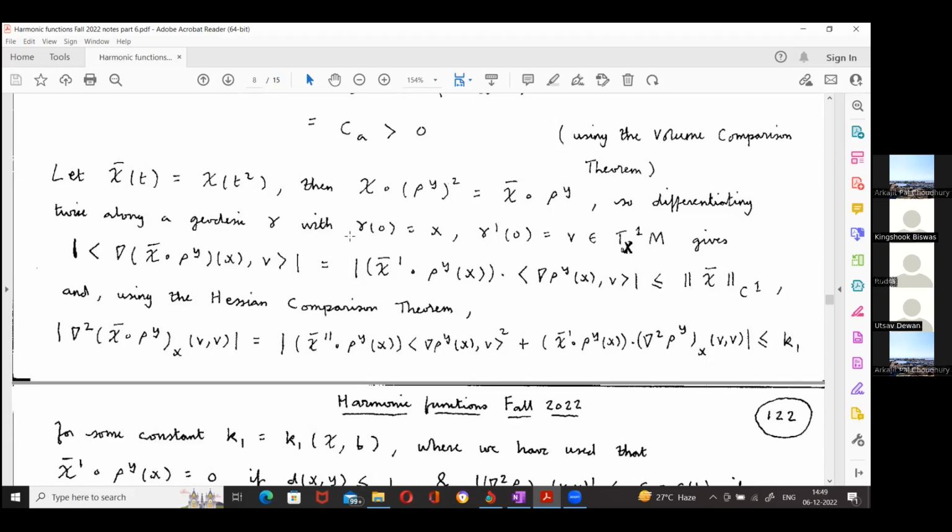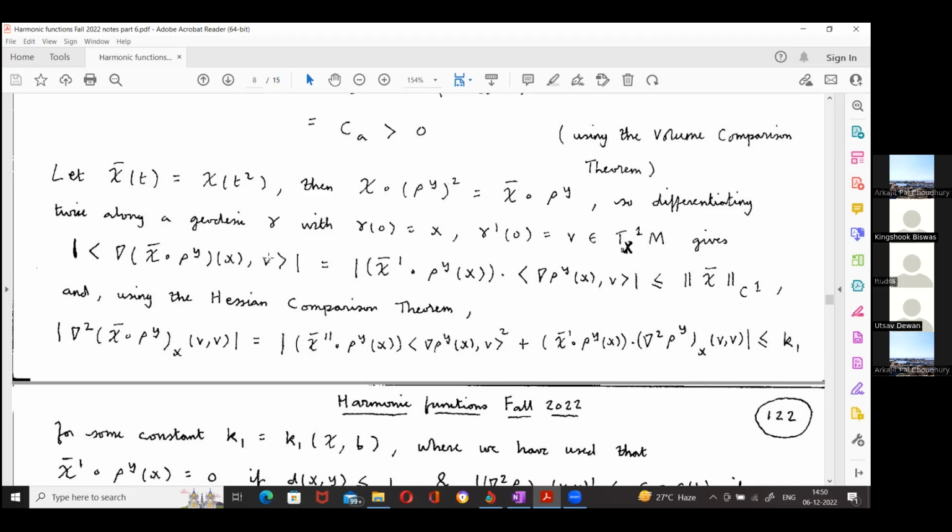If I differentiate along a geodesic gamma starting from x whose velocity at time 0 is v, a unit tangent vector, then the inner product between the gradient of chi bar composed with rho_y at x and v is nothing but the derivative of chi bar composed with rho_y along the geodesic gamma.